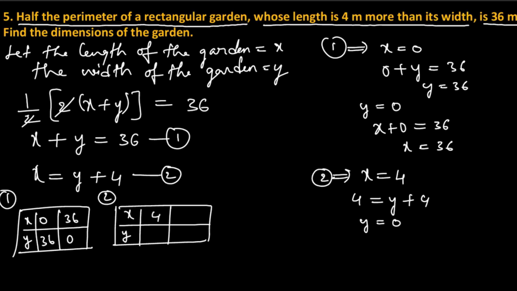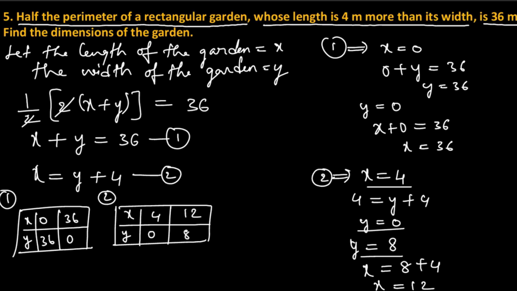When x is equal to 4, y will be 0. If I take y is equal to anything, 4 or 8, anything you can take. Here I am taking 8. So x is equal to 8 plus 4, where x is equal to 12. When y is equal to 8, x is equal to 12.